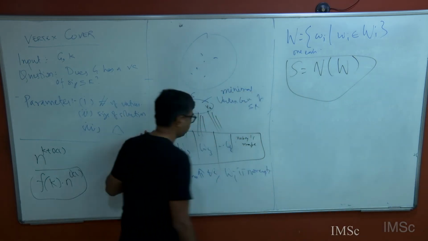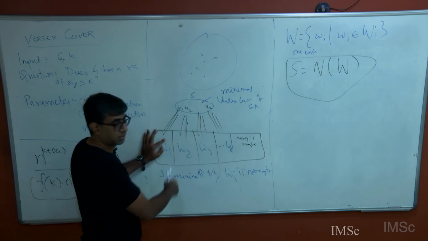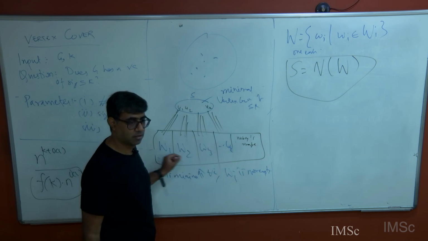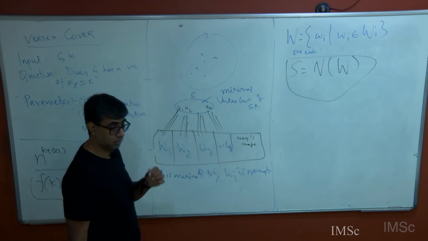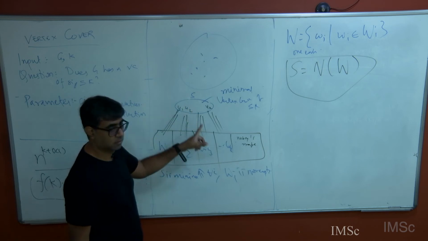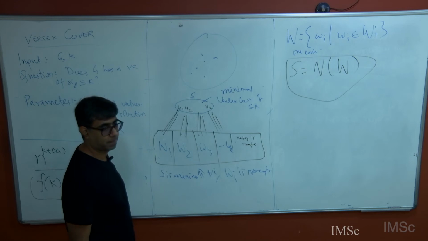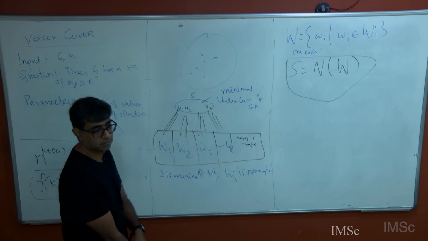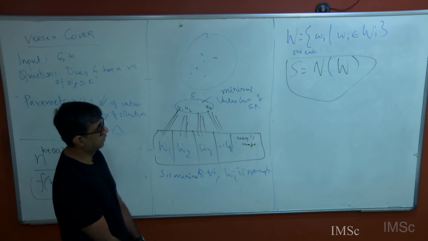Pick up a vertex. Where are his neighbors? In S only, right? He does not have any neighbor here because this is an independent set. It's an important point. Is that fine? Okay.